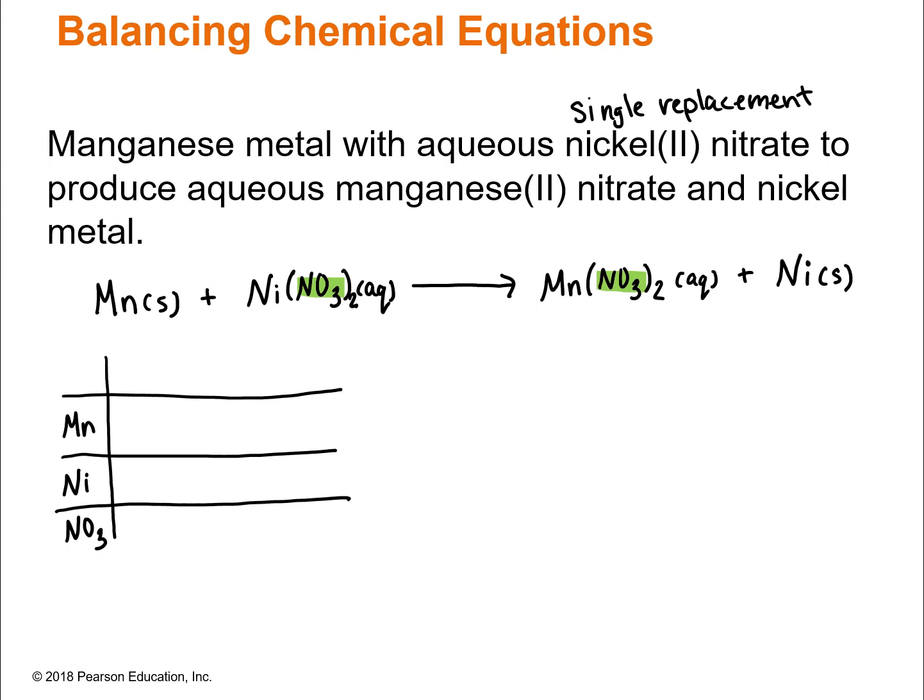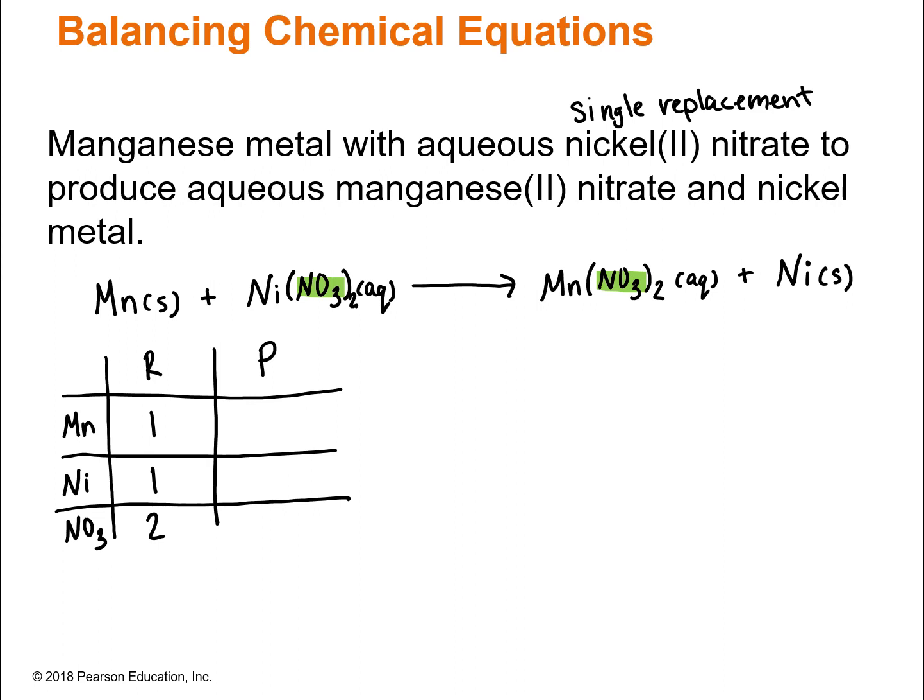We wrote out our chemical equation from the written description. Now we need to check and see, do we have to balance this? We count up how many atoms of each element on each side, and we keep the nitrate ion as one group. Reactant side, I've got 1 manganese, 1 nickel, and 2 nitrate ions.